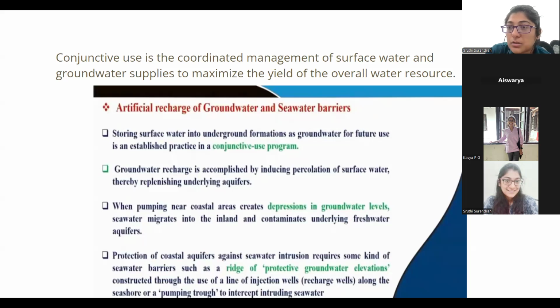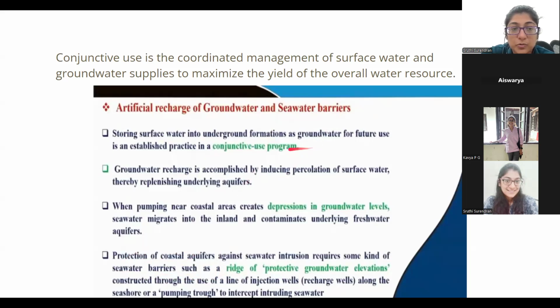So in order to protect these coastal aquifers from the seawater intrusion, there are structures called seawater barriers that are made in order to stop the seawater from mixing with the groundwater. So this is another artificial protection technique to protect the groundwater resources in the coastal areas.